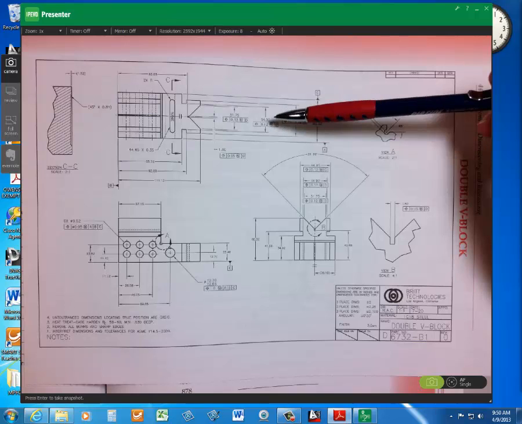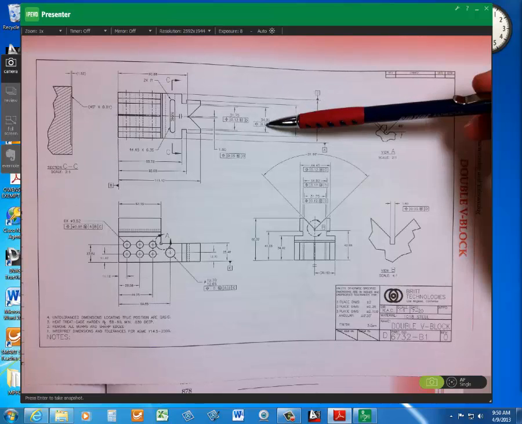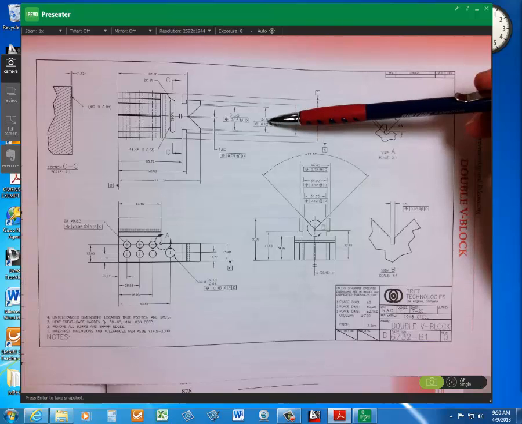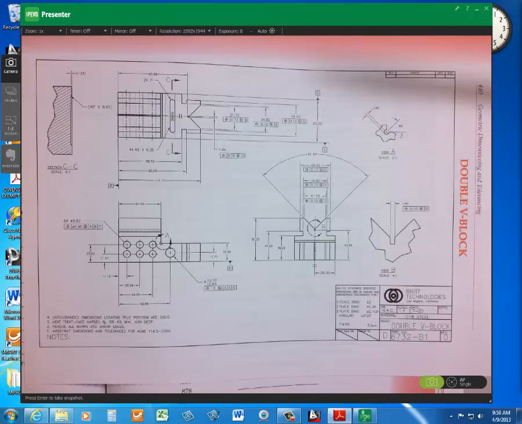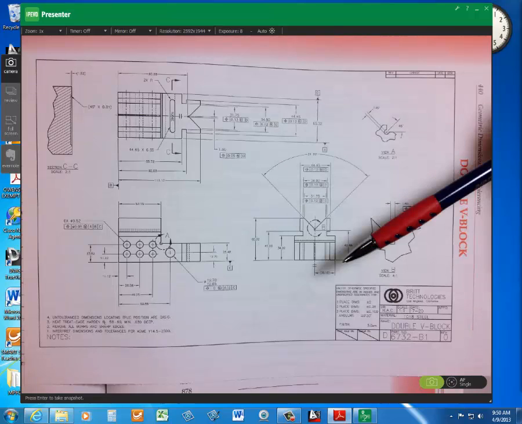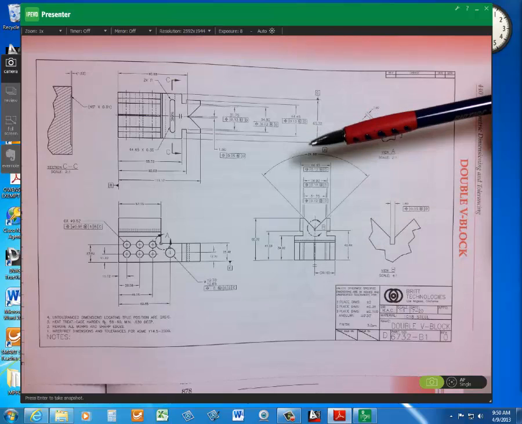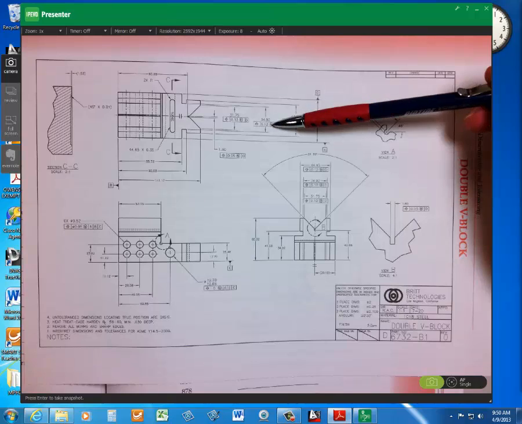When this feature center lines up with this, then it's at true position. Okay, and it's allowed to fluctuate within a 12 hundredths tolerance zone. That's two parallel planes. Okay, and then that applies at MMC.